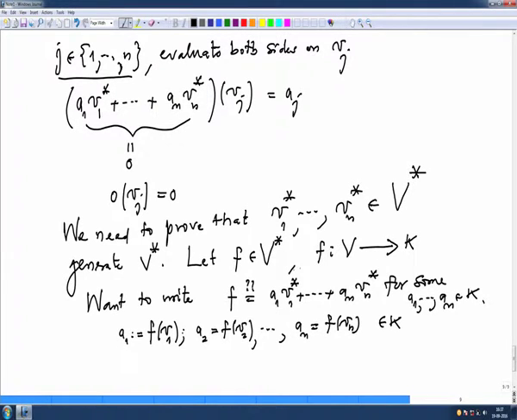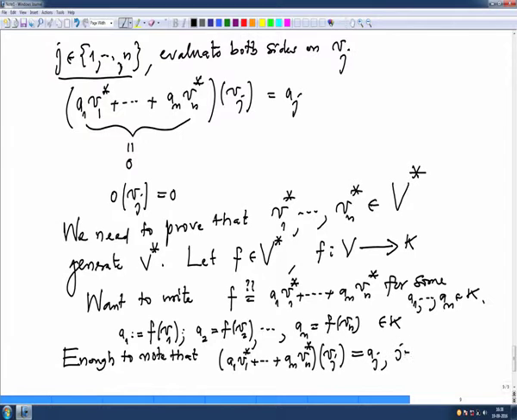If I evaluate the left side on the vector V1, then the only term which will contribute is this, and that will be V1 star evaluated at V1, which is 1. So, a1. So, it is enough to note that the right hand side, that is a1 V1 star etc. an Vn star, on arbitrary Vj is aj, j from 1 to n.